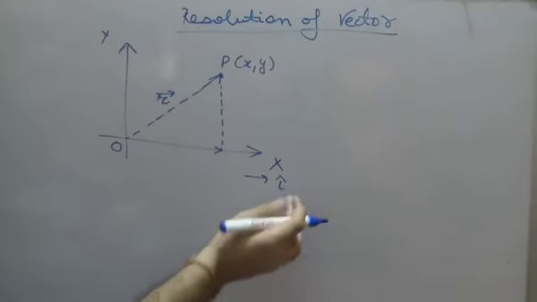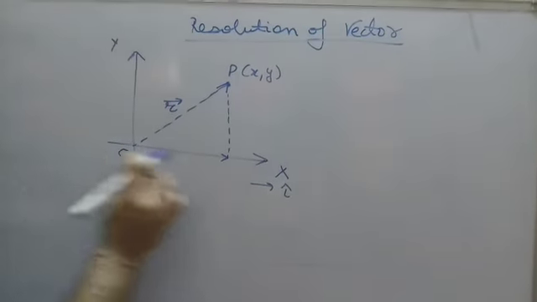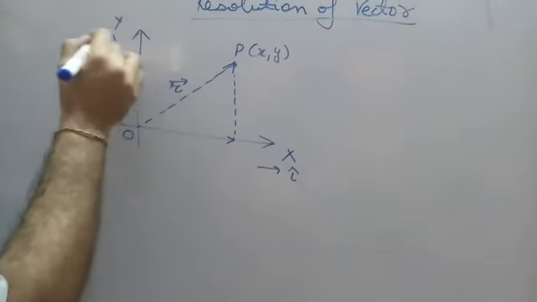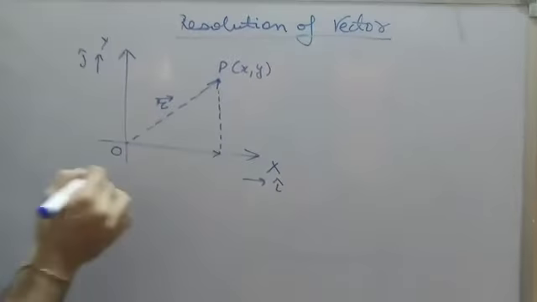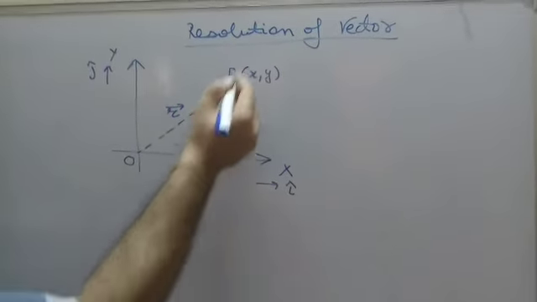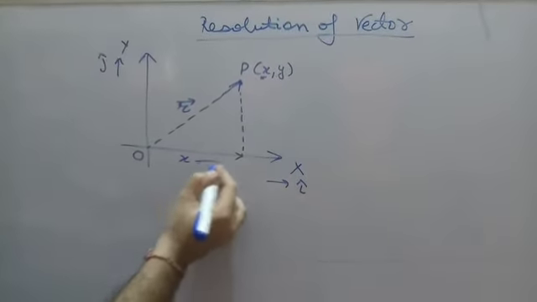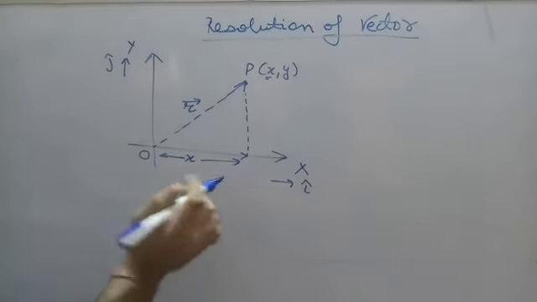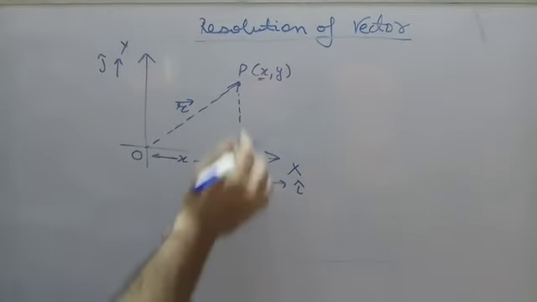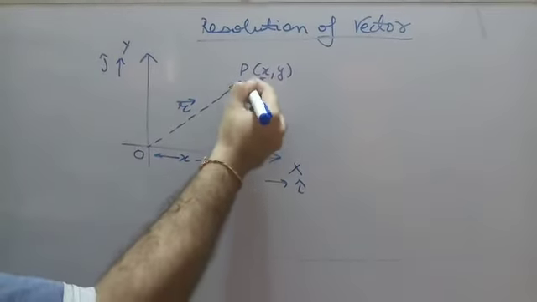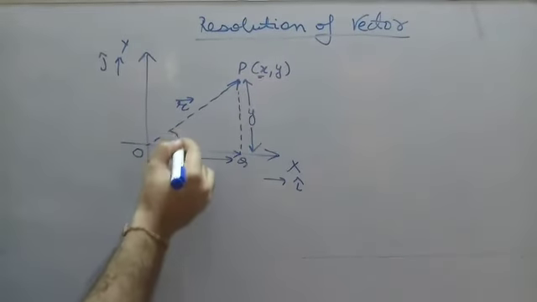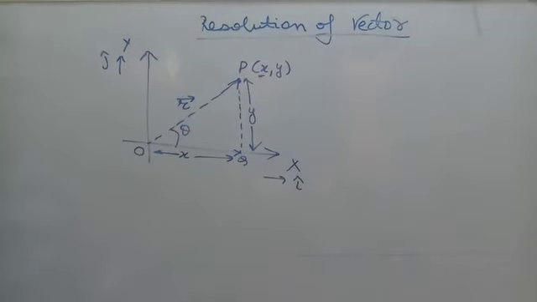Here I cap is a unit vector along the x-axis, and here j cap is along the y-axis. If this is x, that is the abscissa OQ, and QP will be y. Let's suppose this angle is theta, right?